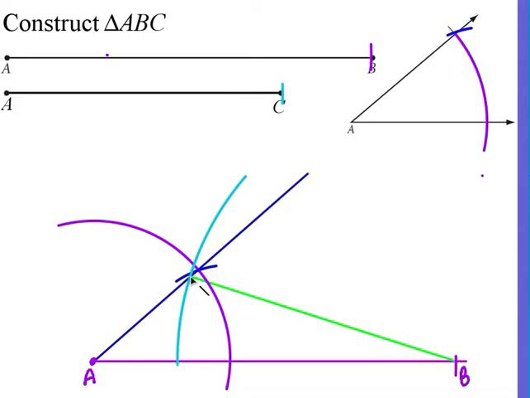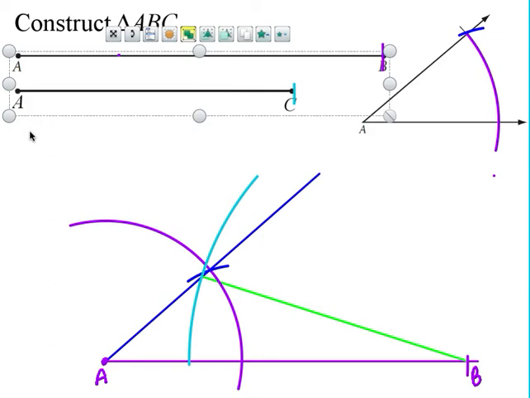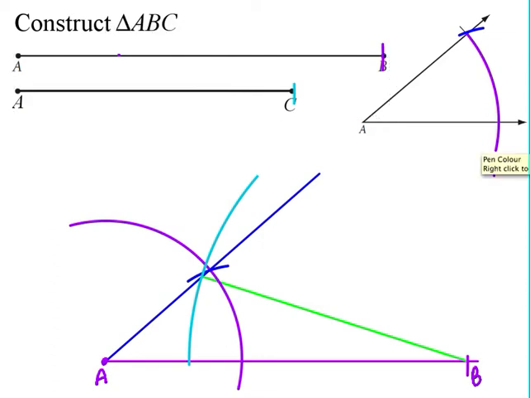So that's what you're doing. We actually constructed it like BC. I actually changed it so it's like the one in your book on number 5. But that's how you duplicate using an angle and two sides.